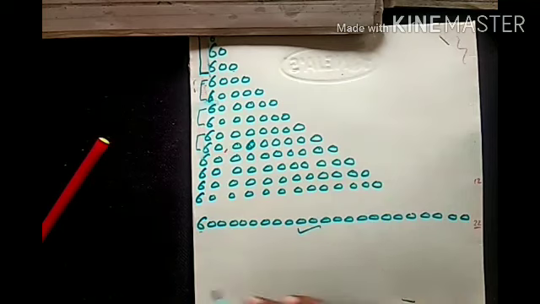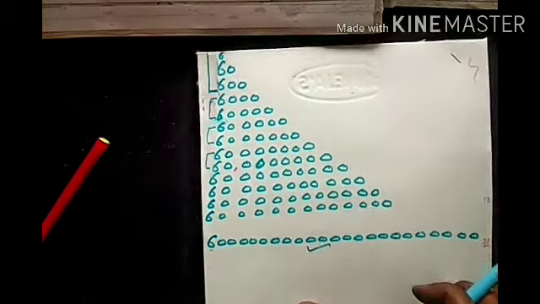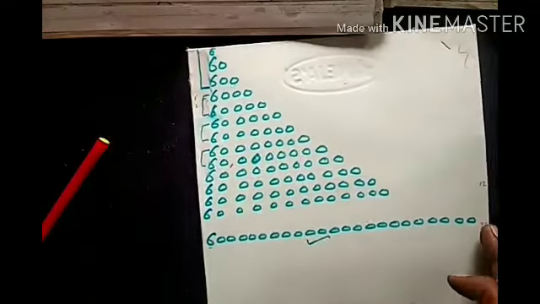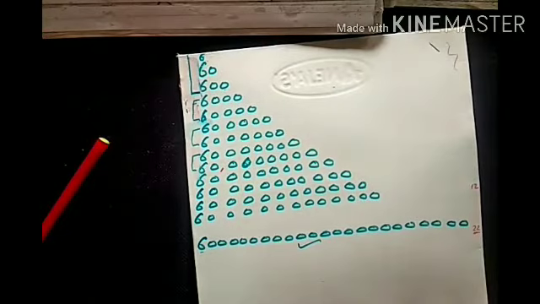So when the number is before you in this type of form, you will say that this is the standard form of a number, and the way you write it in the shortest way is called scientific notation.